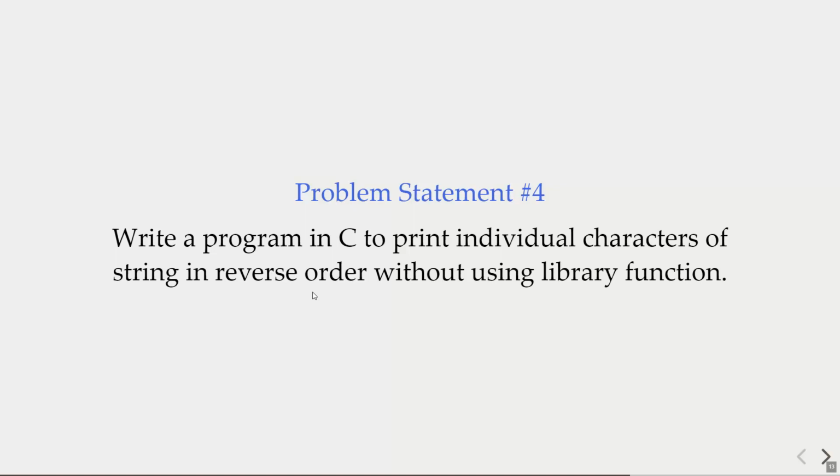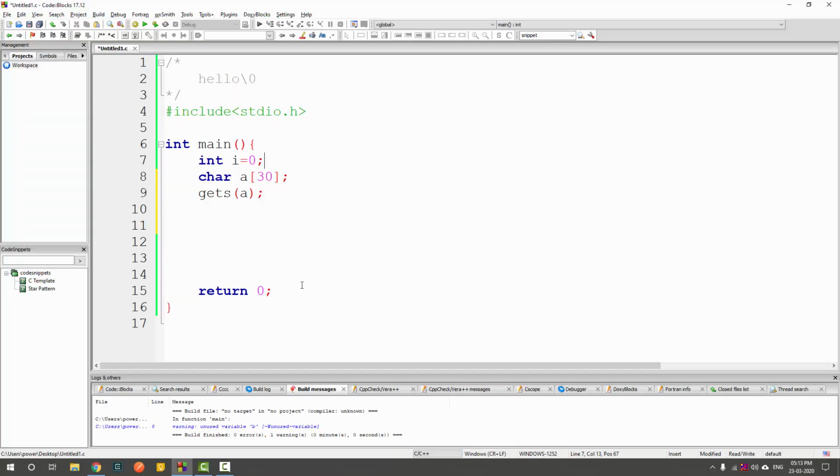For this you can obviously use a library function, and this will make it much easier. But since the aim says that you do not have to use a library function, we will do it with basic programming. Okay, so let's start.